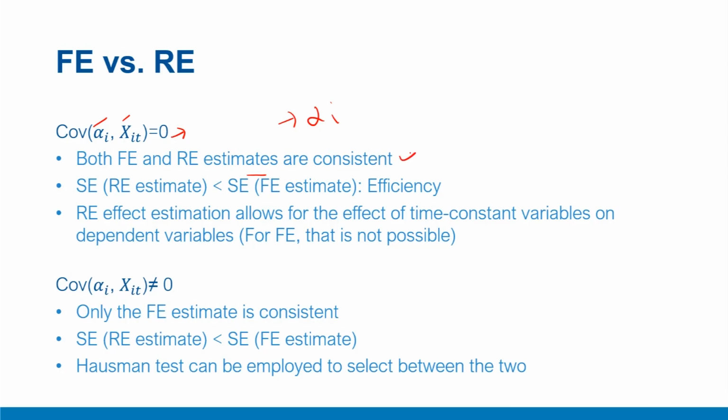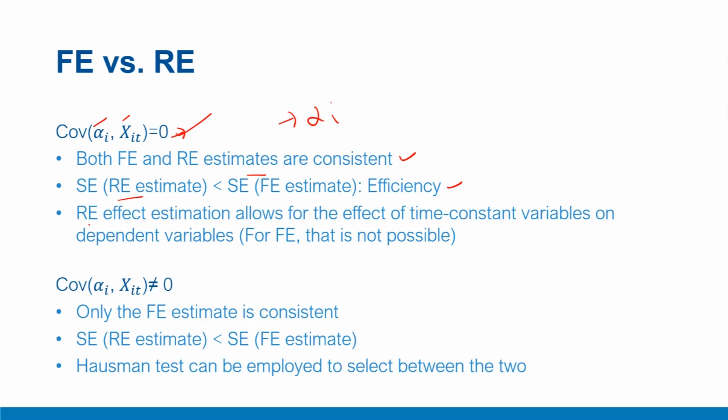However, as we noted earlier, the efficiency of random effect is higher because the standard error of the random effect estimate is lower than the fixed effect estimate. In fact, it is lower than first difference as well as pooled estimates, if this condition holds true. And therefore, in this case, we choose random effect over fixed effect because both the estimates are consistent, but the efficiency of random effect is higher.